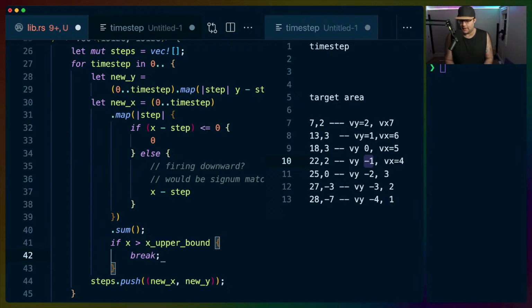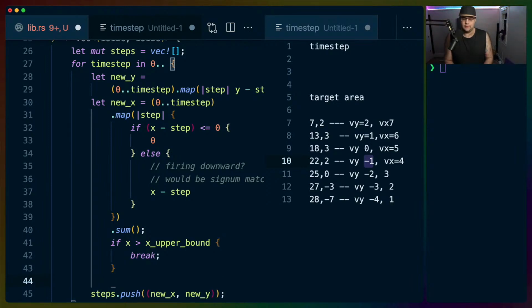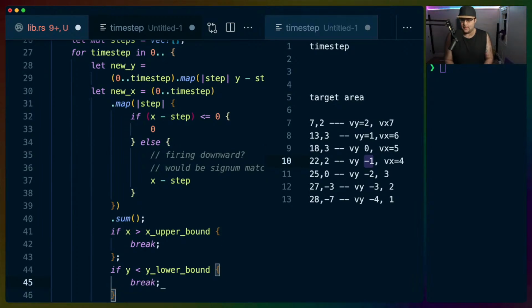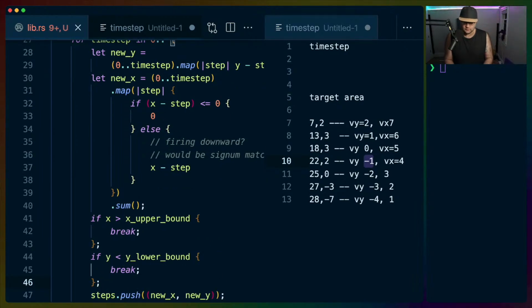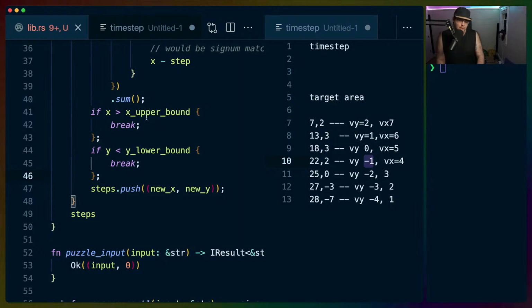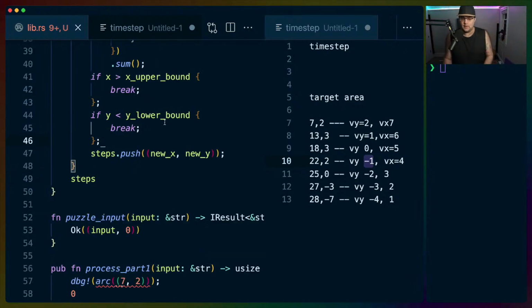Because we're past it and we can't come back. If Y is lower than Y lower bound, break, because we can't come back. We can't come up after we've gone down, and we can't come left after we've gone right. Otherwise, if we're high or we're left, then we can keep going.